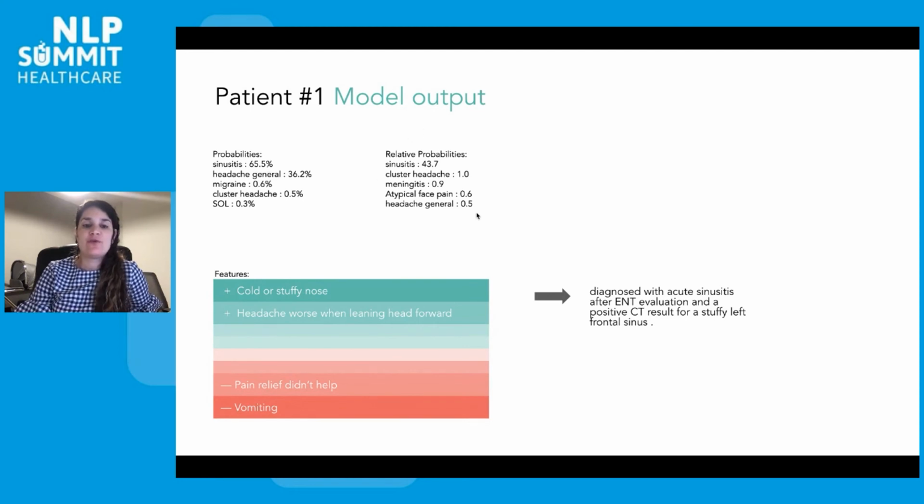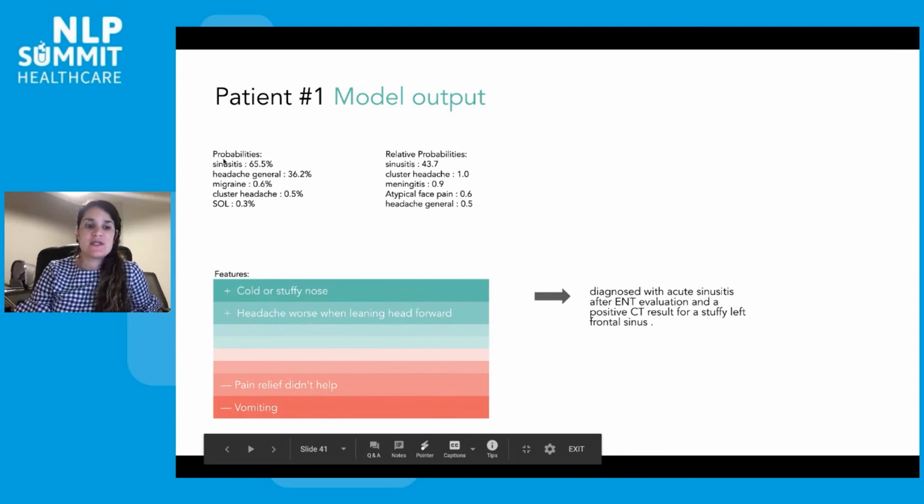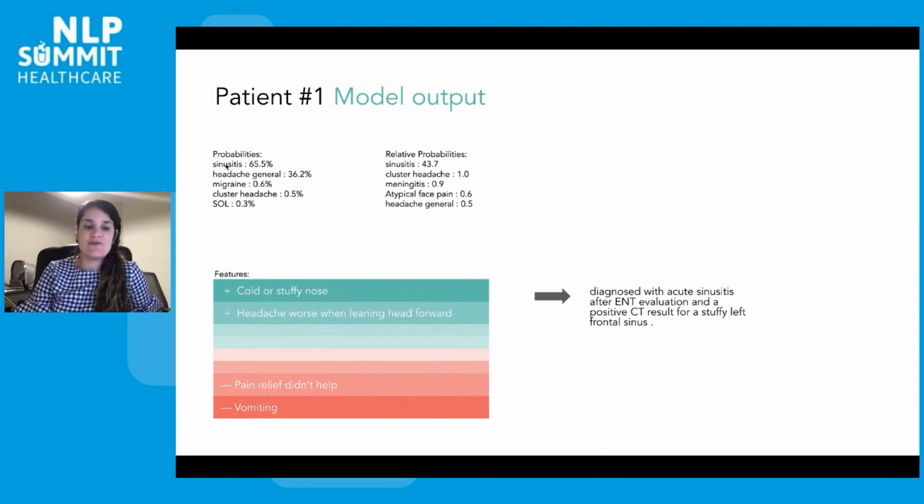We have relative probabilities as well, to define the relative probability regarding the prior for each one of the diagnoses. And we can see the reasonability for choosing this diagnosis in the first place.